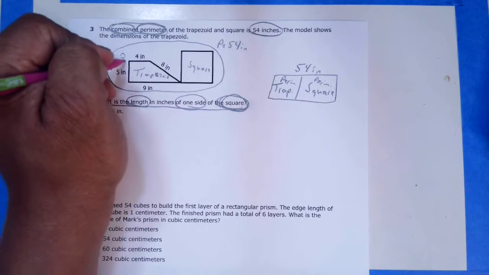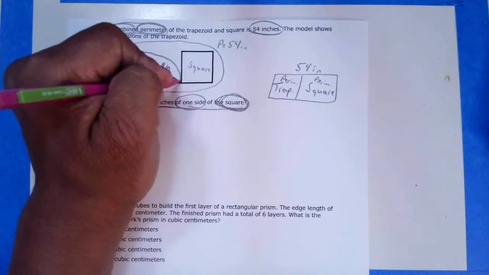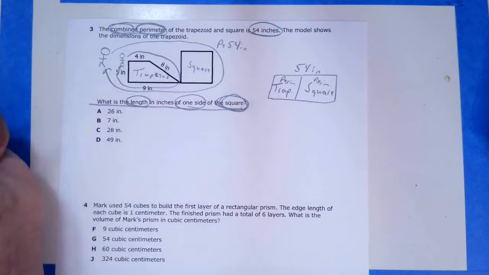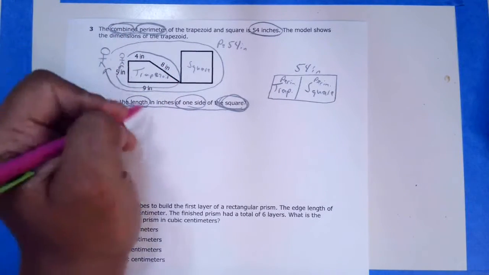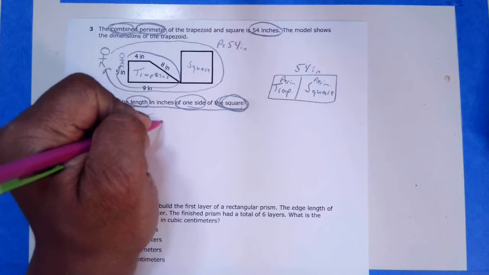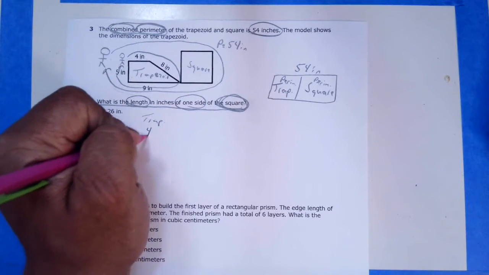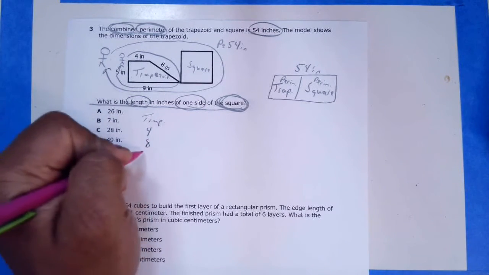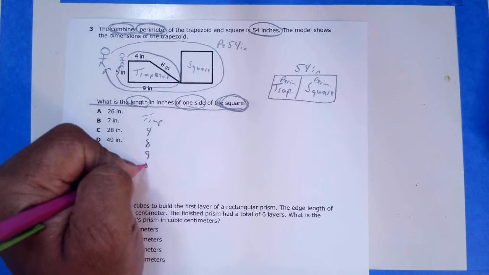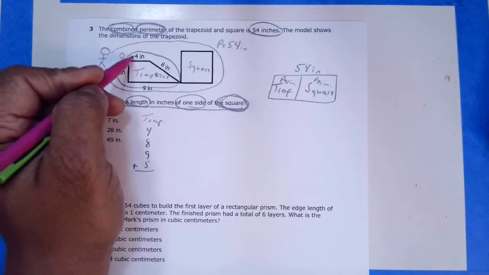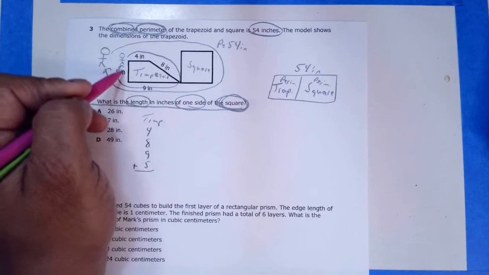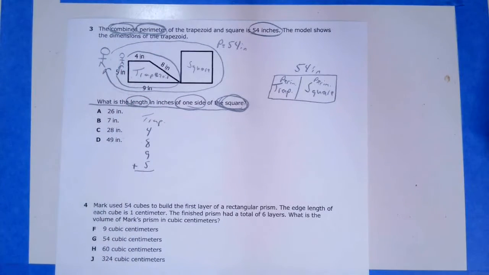So we'll do another little person, and we'll go around this right here. Okay? So the perimeter of the trapezoid is going to be 4 plus 8 plus 9 plus 5. We just go around the outside of the trapezoid.